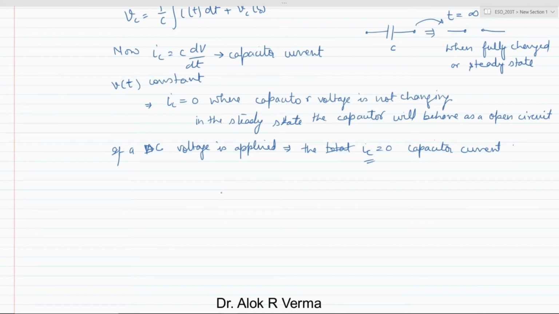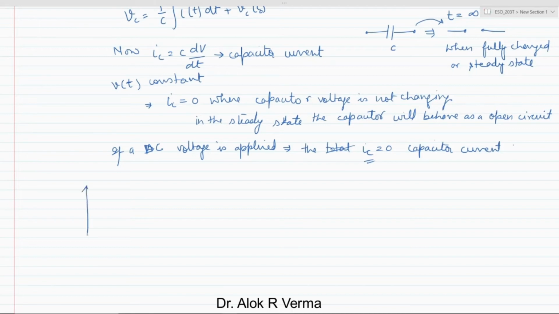The second condition is that the voltage on the capacitor must be continuous. So when we have a dV by dt, it always gives a very high spike of current whenever there is a sudden change in the voltage.